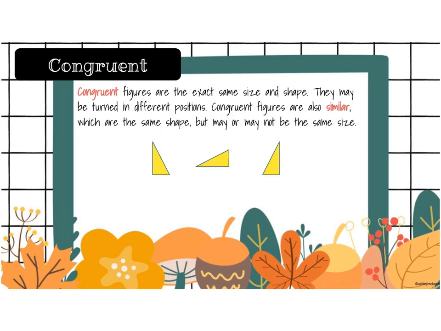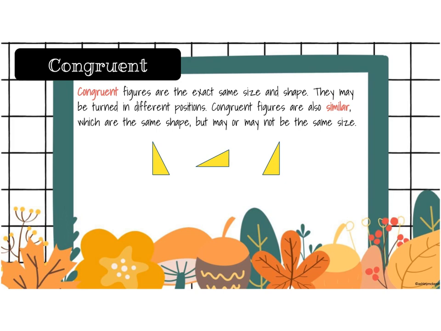Speaking of congruent, congruent figures are the exact same size and shape. They may be turned in different positions, but they are still congruent because they are the exact same size and shape. Congruent figures are also considered similar. Why? Well, similar shapes have the same shape, but they may or may not be the same size.